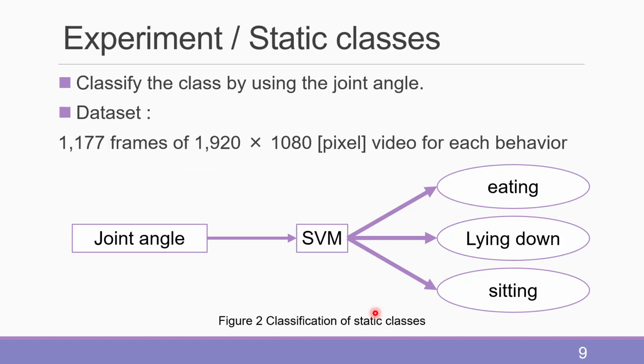First, we performed an experiment of static classes. For the dataset, 1,177 frames are used. We used the joint angles of the front legs and hind legs. Using these features, we classify the classes by SVM.